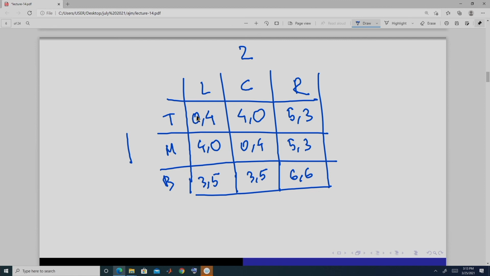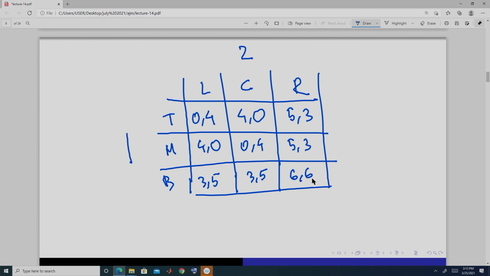So, when TL, 0 to player 1, 4 to player 2, like this we will have all these 9 outcomes, and all these payoffs are defined. Now, if we look at this game, player 1 has 3 strategies or actions T, M, B, player 2 has 3 strategies or actions L, R, M.